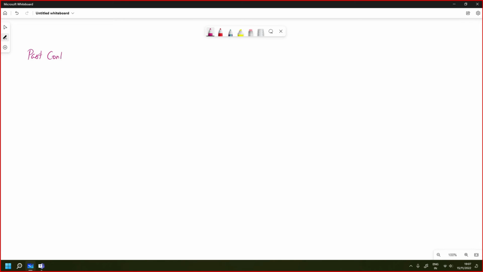past continuous tense. Okay, so when we talk about past continuous tense, it's very simple. The construction is very simple. Now he was playing yesterday.